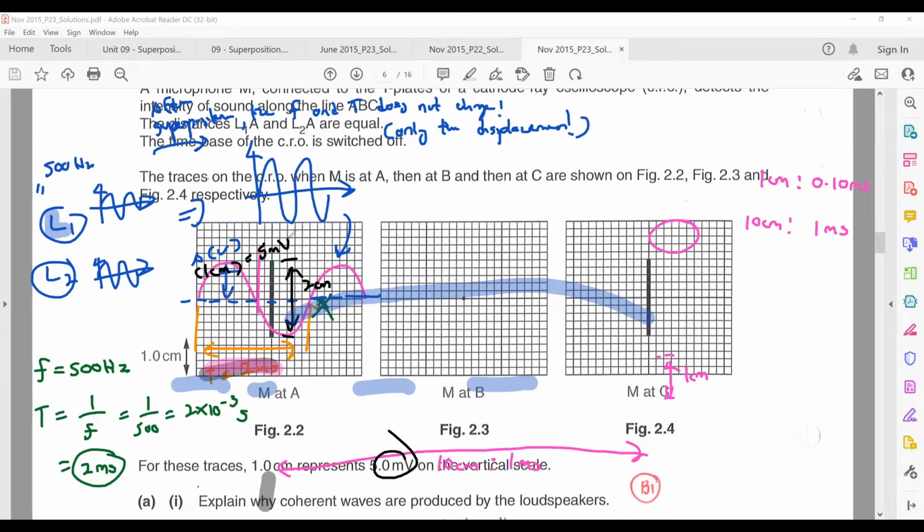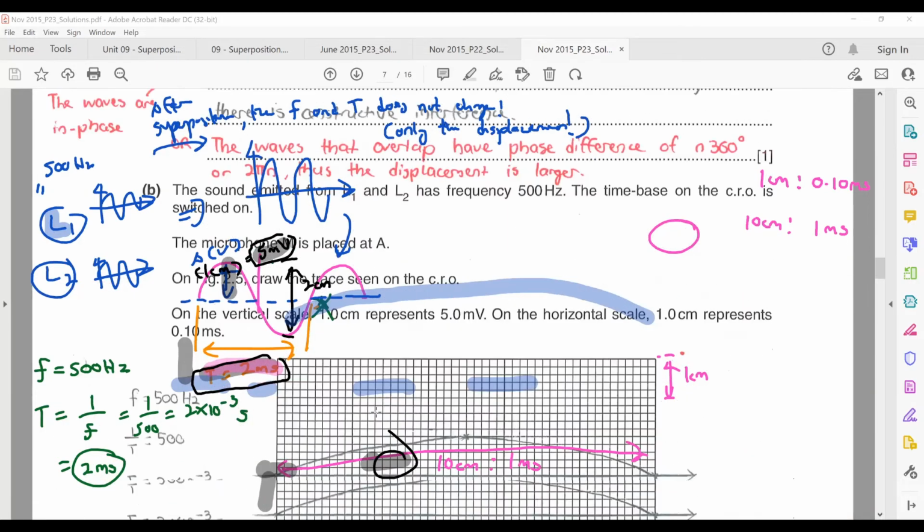This one from here, I know that t equals 2 milliseconds. I also know that the amplitude is actually 5 millivolts, because here I see it is 1 centimeter, but here they also say 1 centimeter is 5 millivolts, so I know this is 5 millivolts.